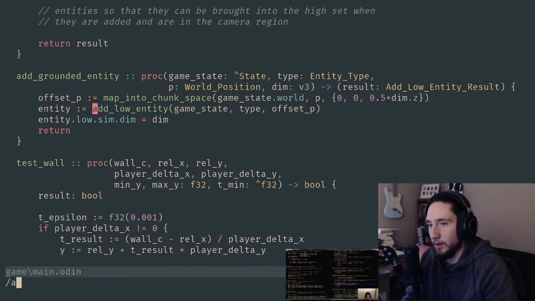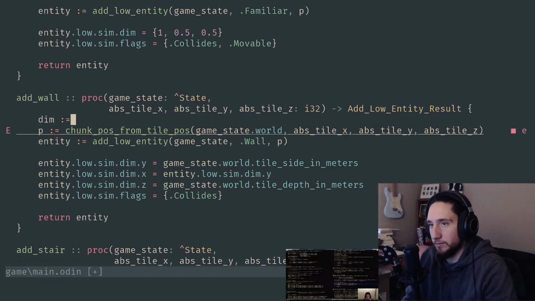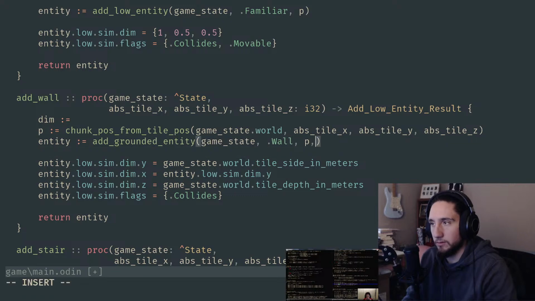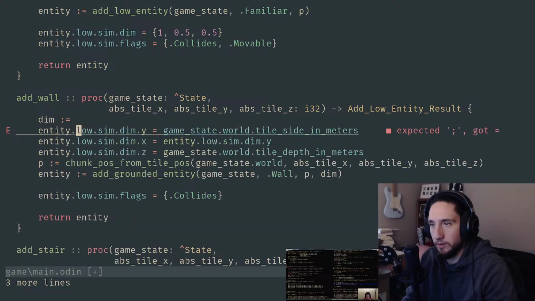Okay, and then down in add wall, we are going to set the dim to be passed into add grounded entity now. And it's just going to be all of that, if I am not mistaken.